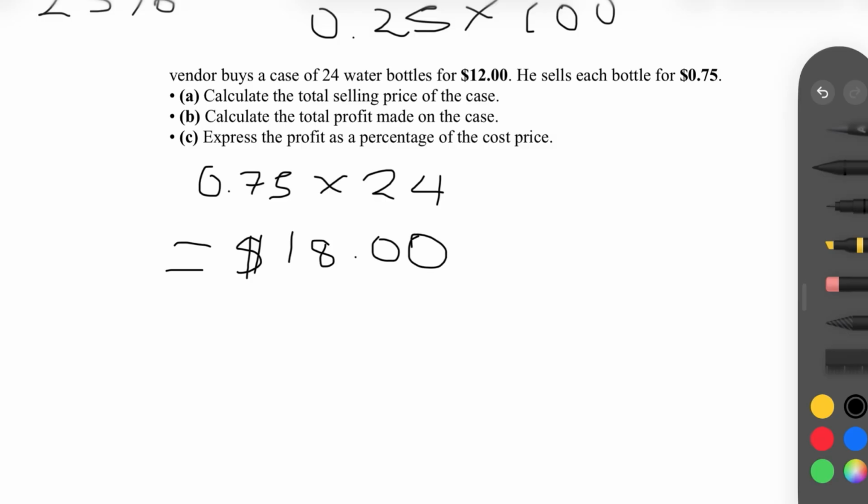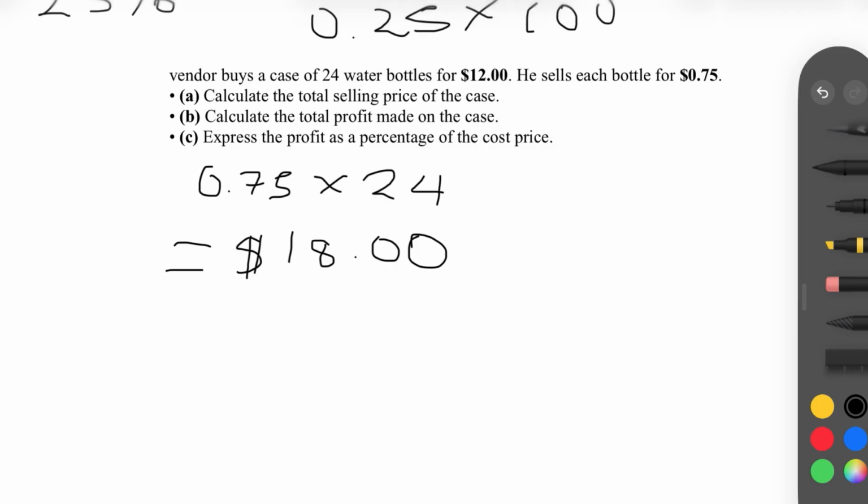All you have to do is multiply what he sells it for by the amount he sold. It's pretty self-explanatory. As I said, you really have to put yourself in these people's shoes when you're doing these type of things. Like you are a vendor and you're selling each of these for 0.75 cents. How much are you going to make when you make 24? Obviously, you have to multiply.